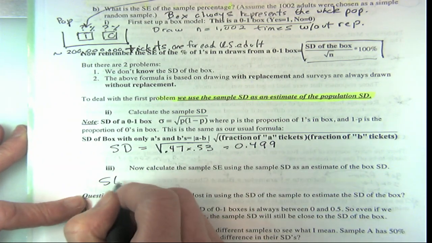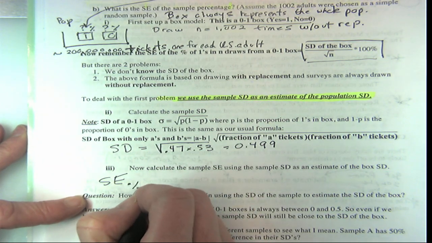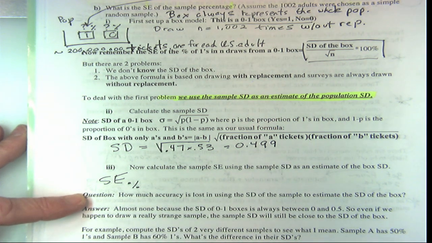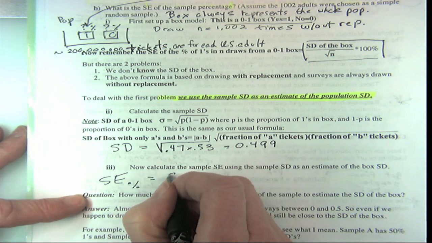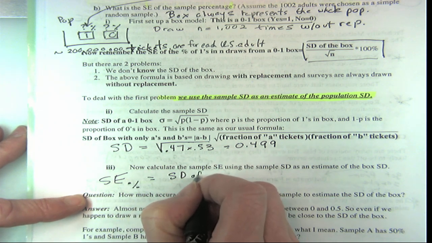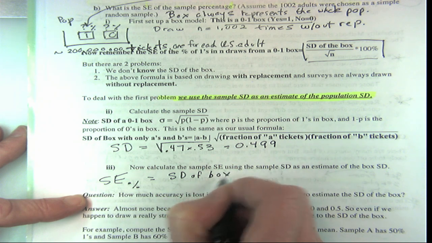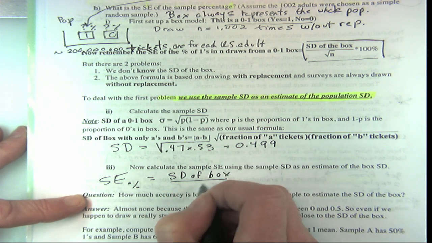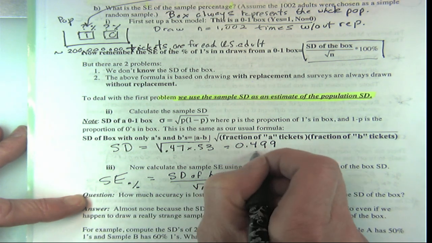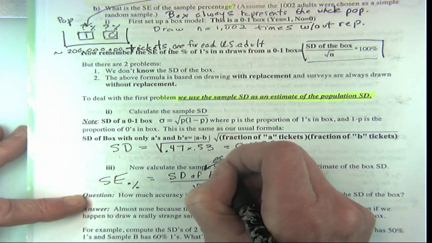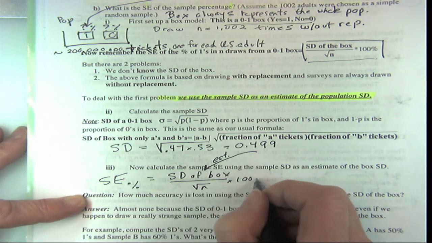So our standard error for the percent is going to equal the SD of the box, which we don't know, over the square root of n, times 100. But we're going to use the estimate.